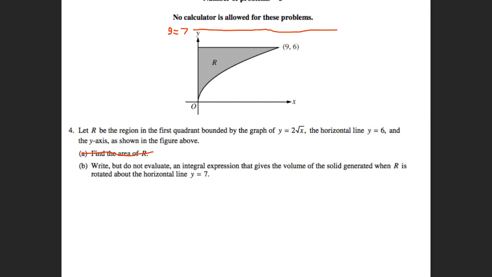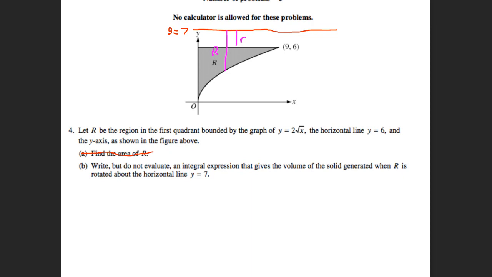So I'm rotating this figure around this line here. Whenever I do a problem like this, I always just draw on my radiuses. Here's my big radius. Here's my small radius. Now, it told me to write, but do not evaluate the integral.